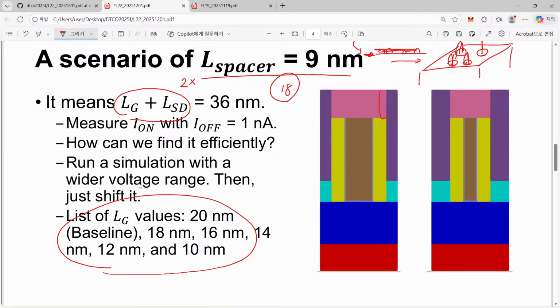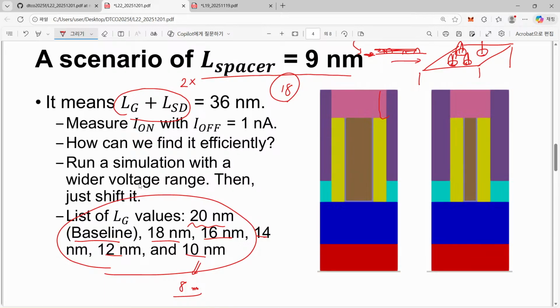So the list of simulated LG values starts from 20 nanometers. Let's assume that this is the baseline, and I just reduce it down to 10 nanometers. Actually, 10 nanometers means that the metal gate is only 8 nanometers. So in reality it is almost impossible to have this kind of thing. Why don't we have this kind of thing? This device can really be made.